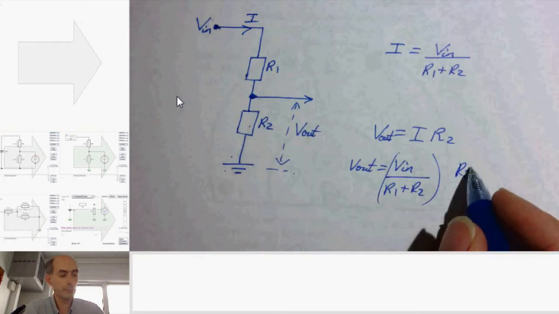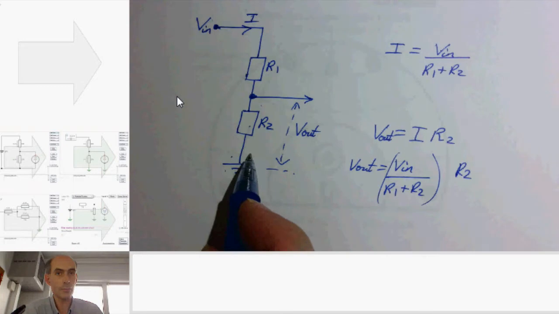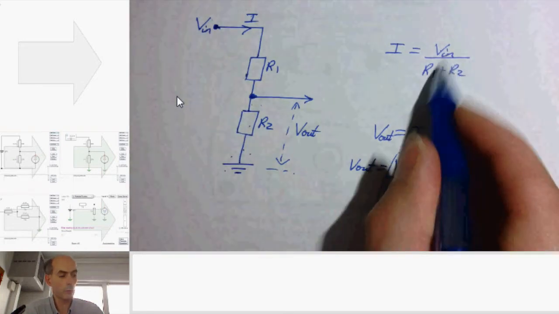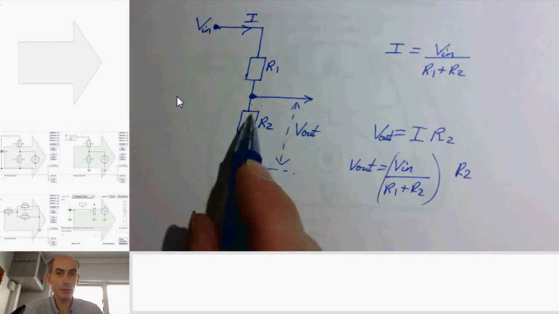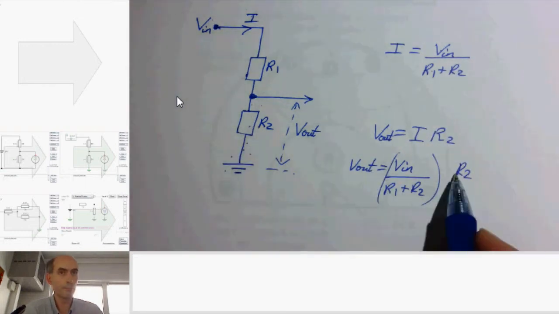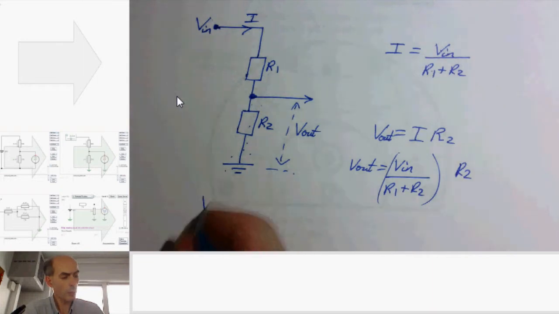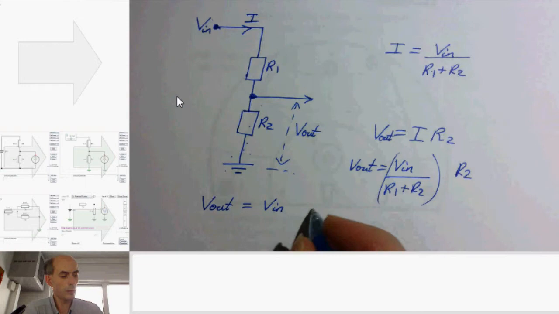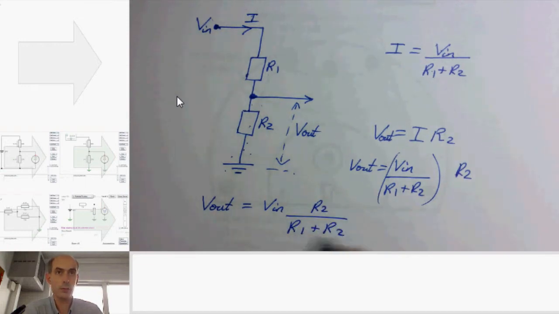So it's Ohm's law. V across this resistor is the current flowing through this resistor, which is V in over R1 plus R2, times the resistance itself, which is R2. The way that's more usually written is V out equals V in times R2 over R1 plus R2.